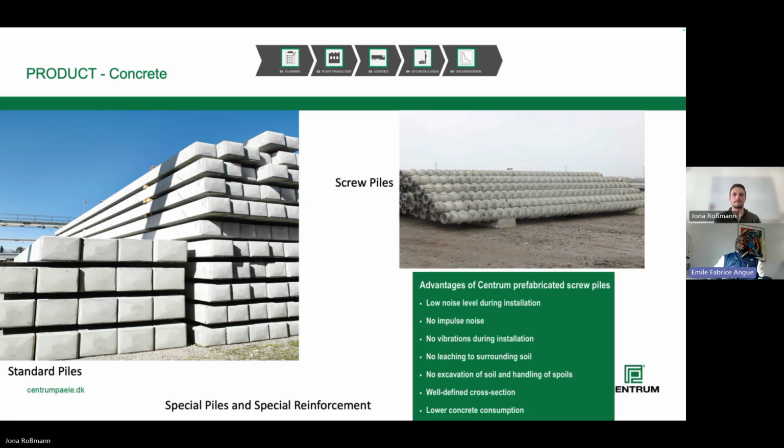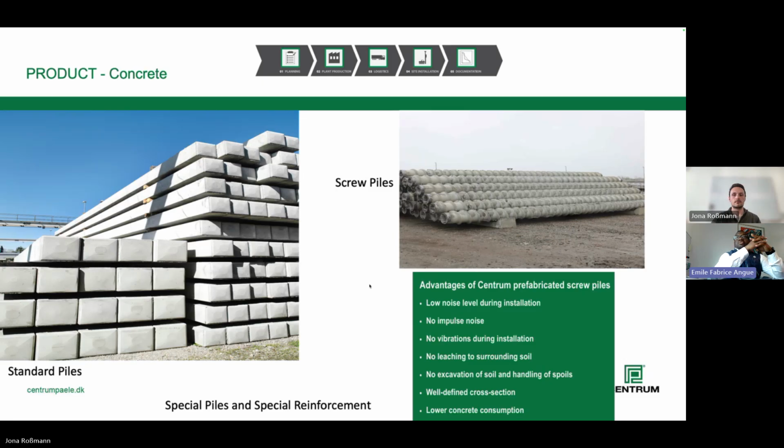And we are also now trying to introduce concrete screw piles in the Danish market. It's not a new solution, it's an old solution. You have that in other parts of Europe, in Switzerland and France maybe.